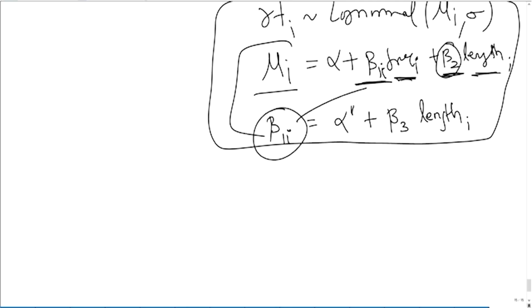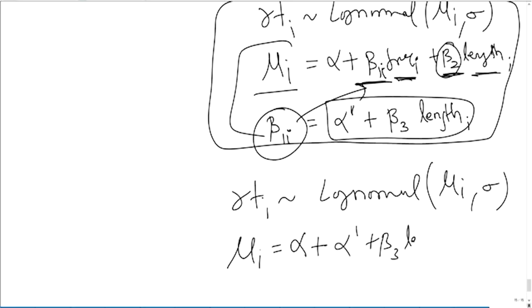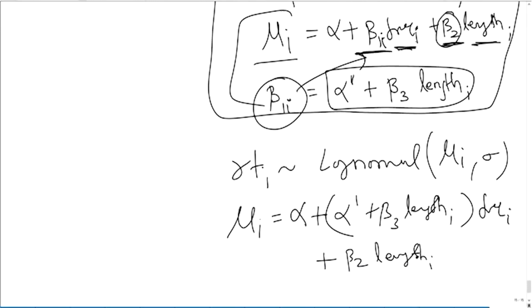So RT_i comes from a log normal with mu_i and sigma, and mu_i equals alpha plus, let us plug in this thing, alpha dash plus beta 3 into length_i into frequency_i, and then beta 2 into length_i. I just plugged this beta 1_i into this equation here.